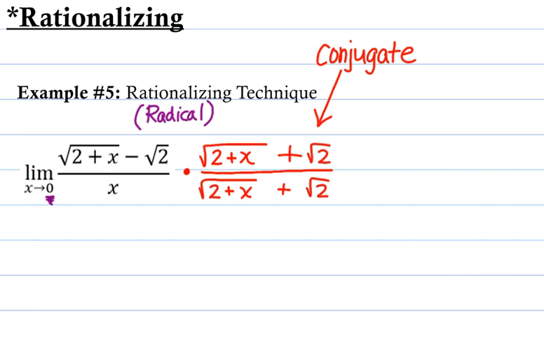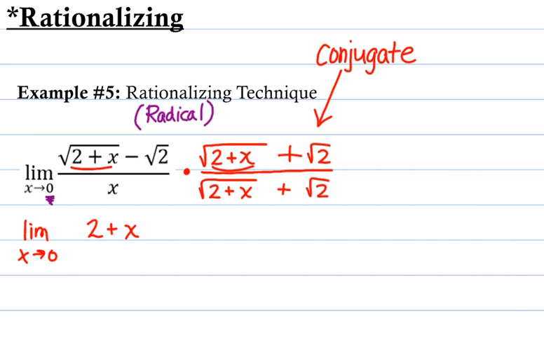And the beauty of the conjugate is that when I multiply this by this, I'm basically going to end up with 2 plus x without a square root. So I'm going to write it on the next line because this is a lot of stuff. So the square root of 2 plus x times the square root of 2 plus x leaves me with 2 plus x.